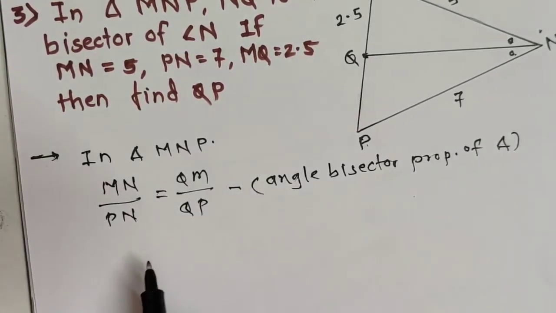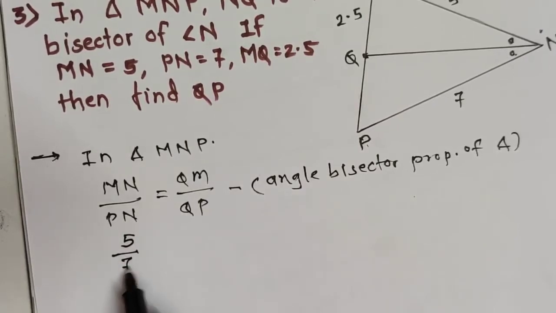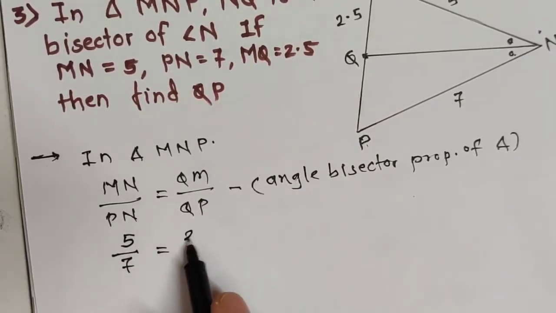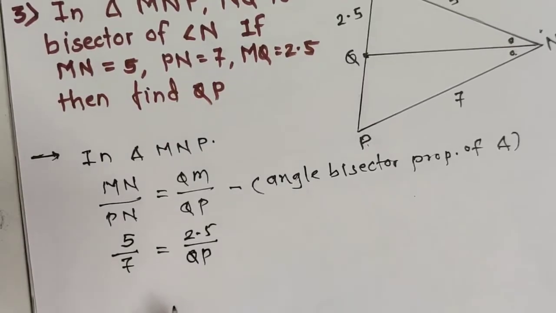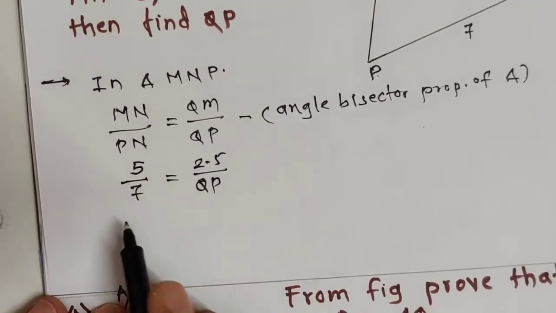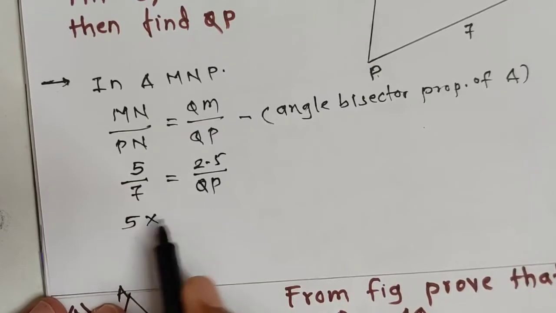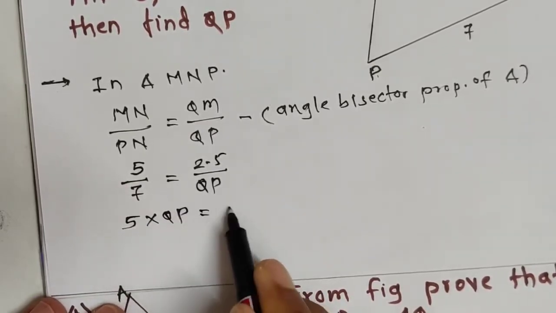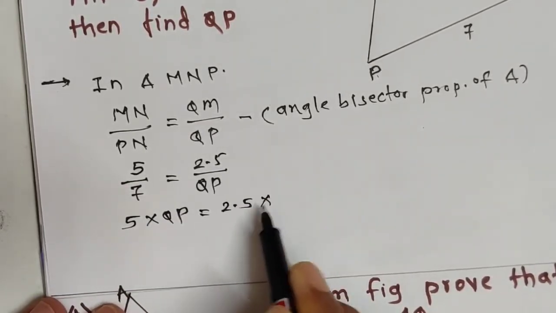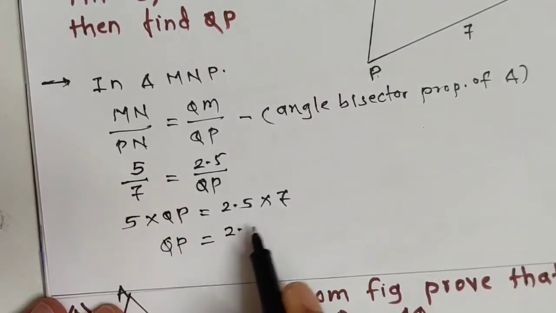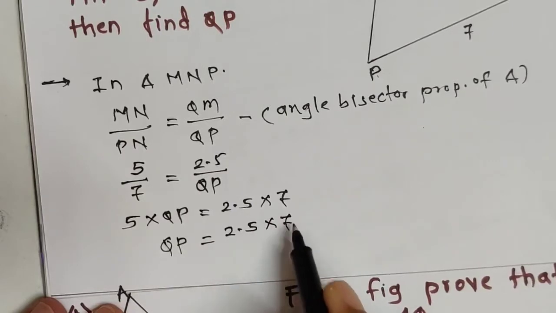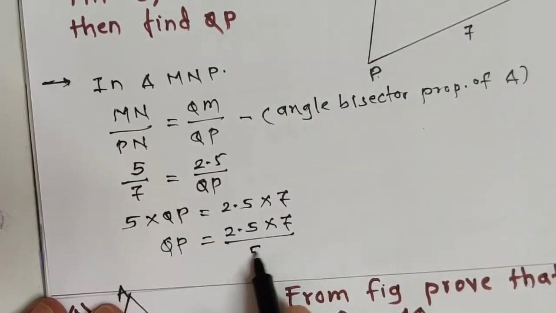Now substitute the values. MN is 5 divided by 7 is equal to QM is 2.5 divided by this QP. Now simplify. By cross multiplication, 5 multiplied by QP is equal to 2.5 multiplied by 7, and therefore QP is equal to 2.5 multiplied by 7 divided by 5.